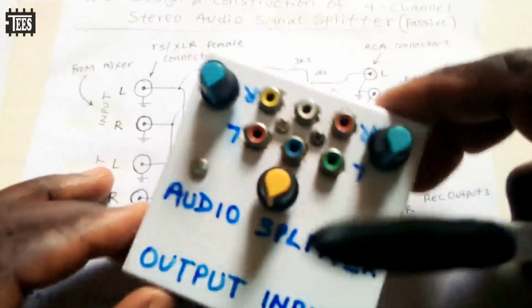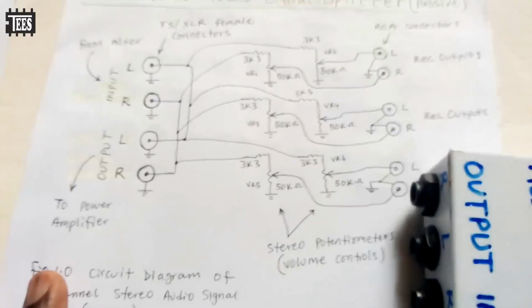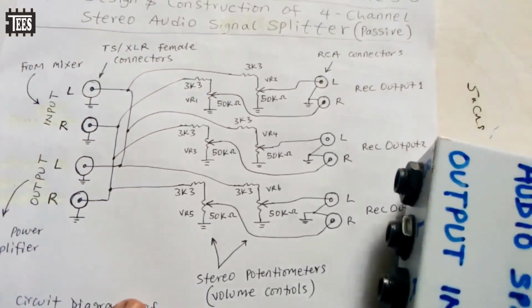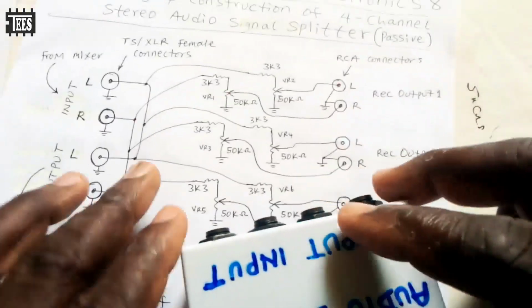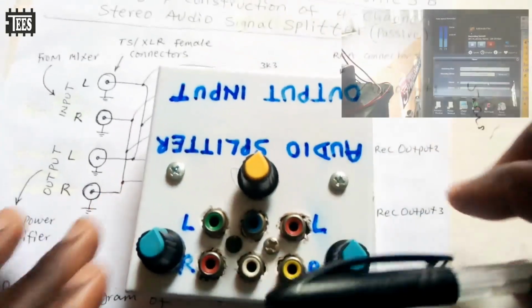Before I take a look at how this works, let's come to the circuit. This is a circuit diagram of this. Before I go into the explanations, let me start from what made me design this.